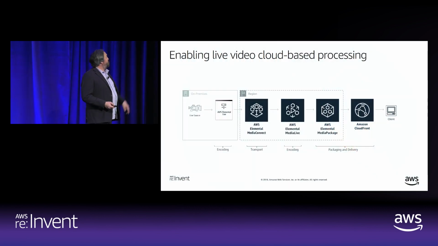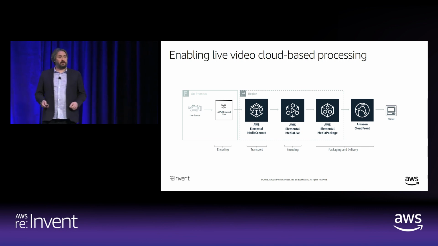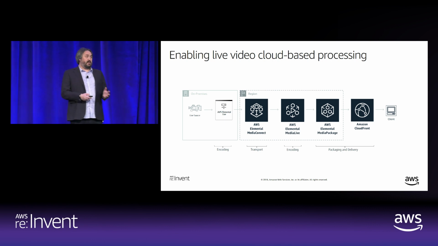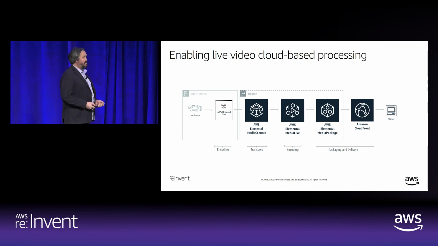But this is a very simple, what I would call a classic live OTT pipeline. Those of you who are familiar with AWS Elemental, you'll recognize some of our other key products up there, including our transcoder, MediaLive, and our packager, MediaPackage, and of course, CloudFront and our client. But in the front of all of that, we now have MediaConnect.